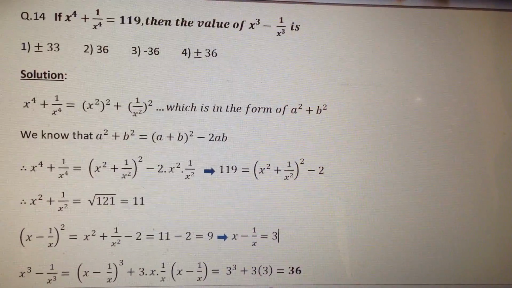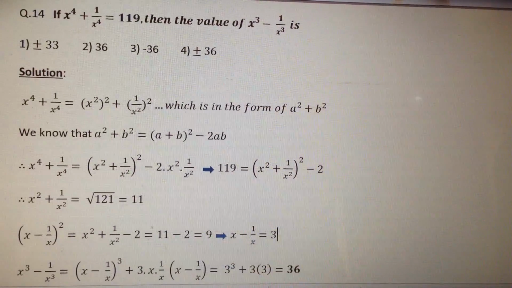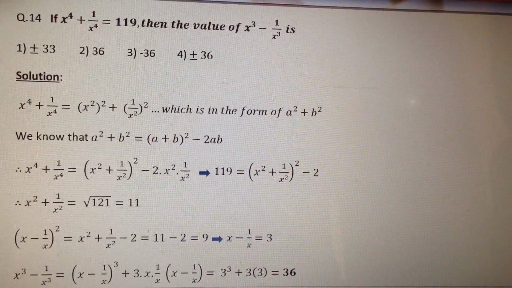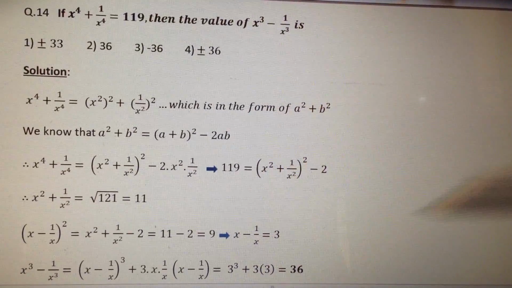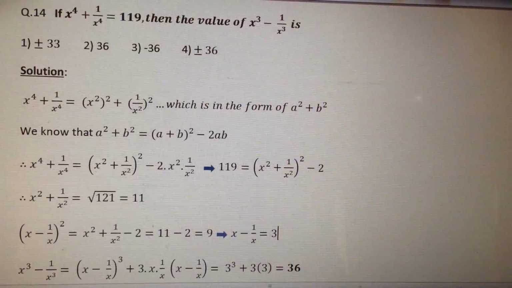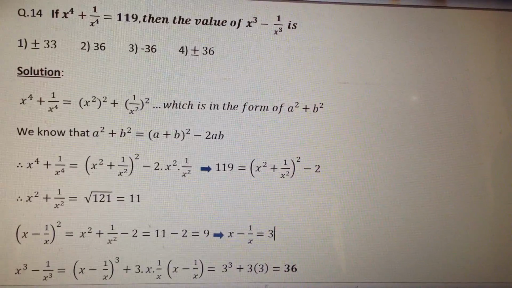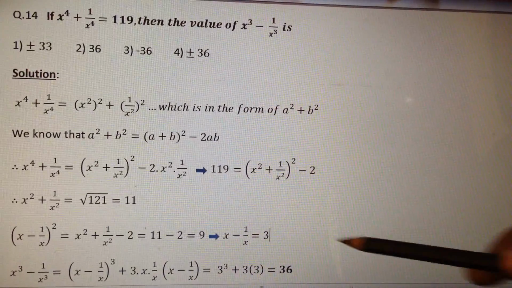Now, x minus 1 by x whole square is equal to x square plus 1 by x square minus 2, which is equal to 11 minus 2, because x square plus 1 by x square is equal to 11. So 11 minus 2, which is equal to 9. Therefore, x minus 1 by x is equal to 3.